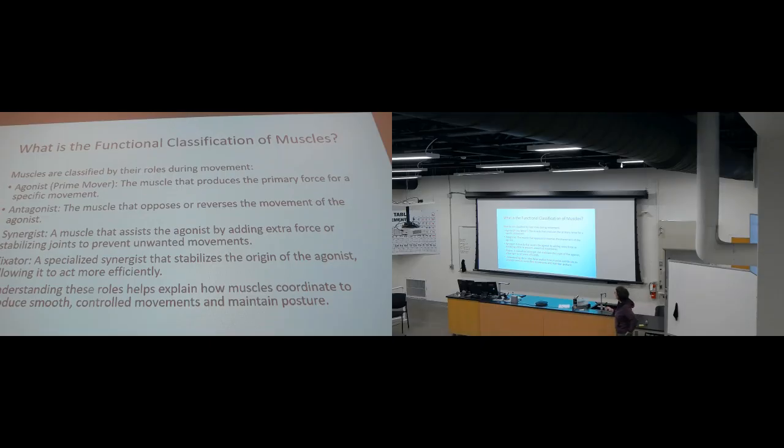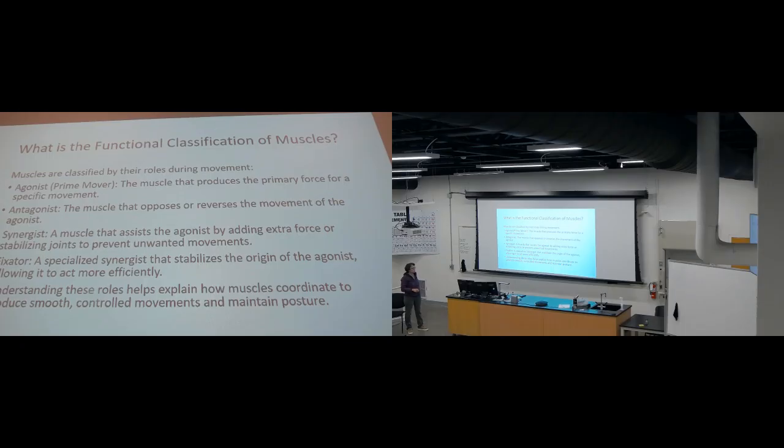And now we have some muscles that aid or assist the agonist by adding extra strength and stabilizing the joint to prevent unwanted movements. In this case, you call them synergists. They help for making this movement. Then we have some synergists that are specialized in stabilizing the origin of the agonist.